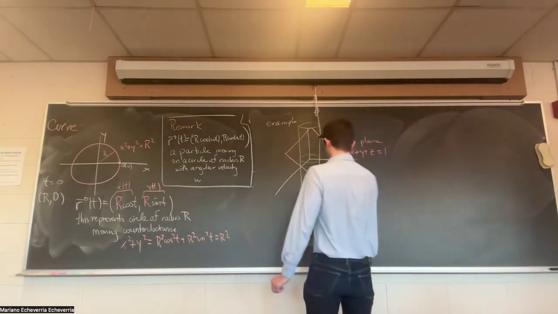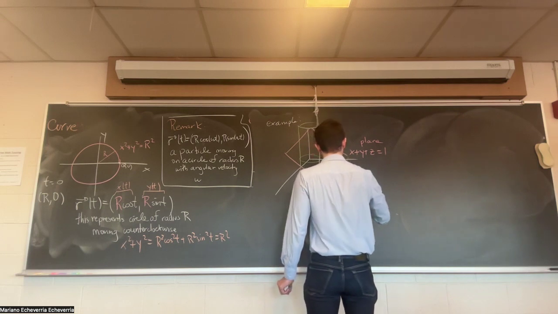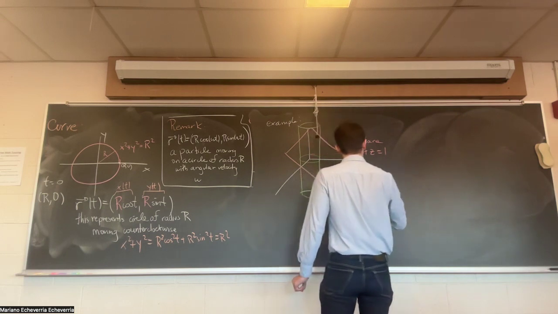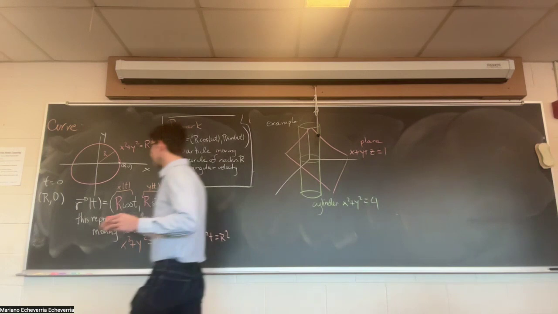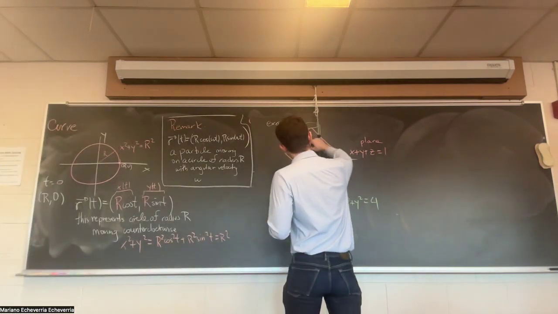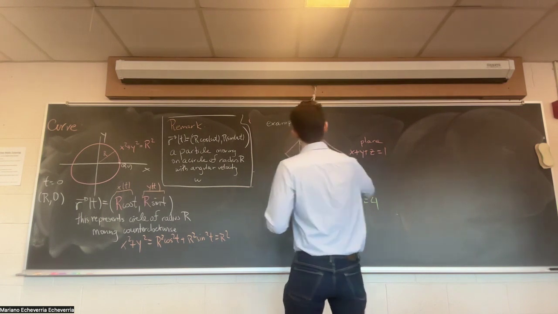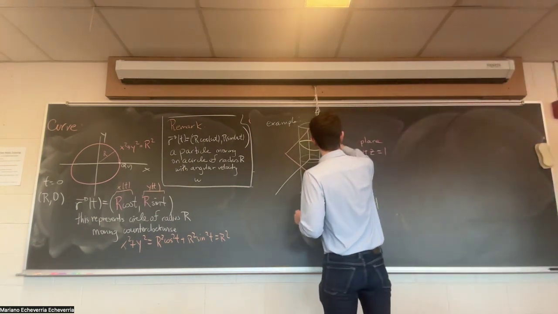This is a cylinder, x squared plus y squared equals 4. And the idea is that when they intersect, they give you a curve. So this is the curve of intersection.